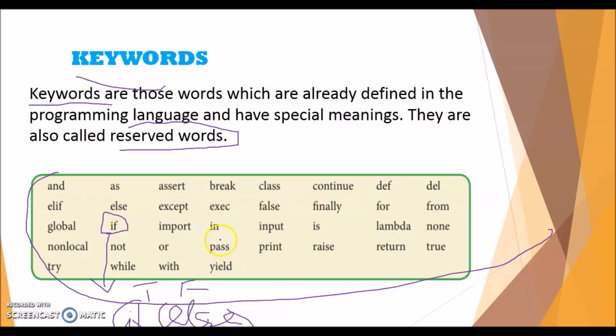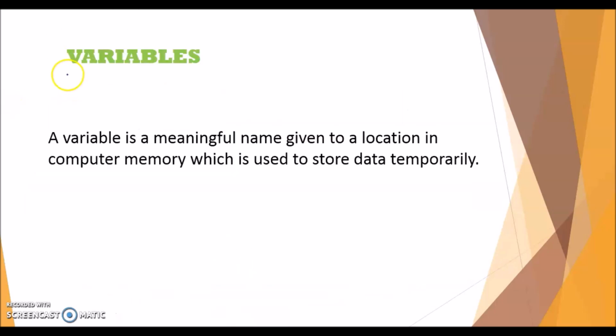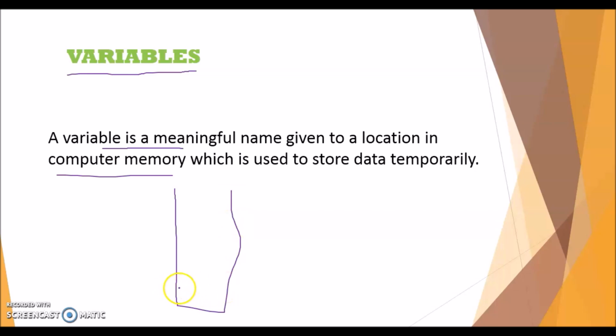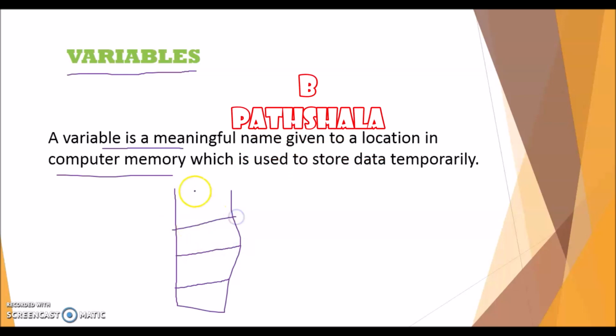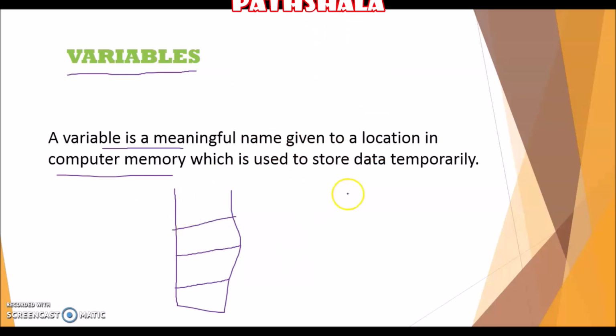So these are keywords. Next is variables. What is a variable? Here it is written, a variable is a meaningful name given to a location in computer memory. As we have seen previously in the computer parts, we have memory, and in that memory different kinds of data are stored.